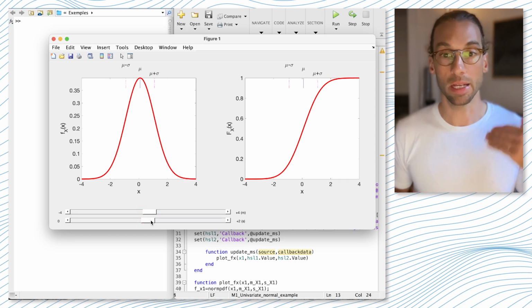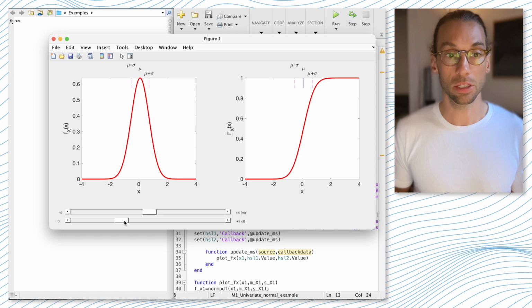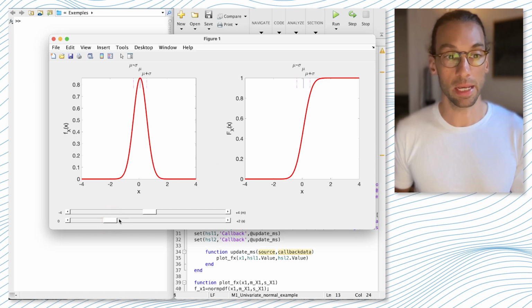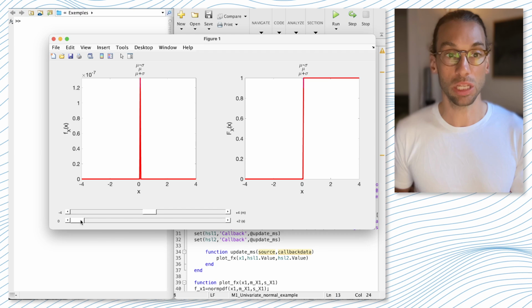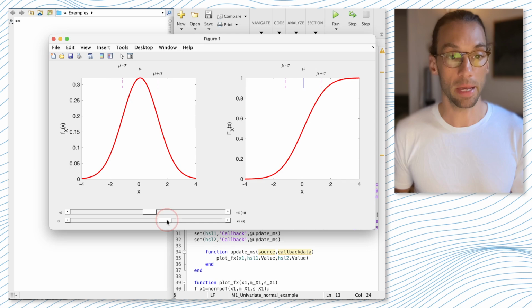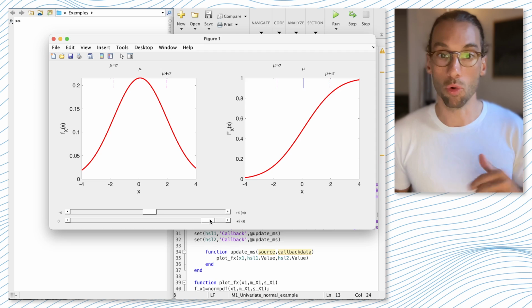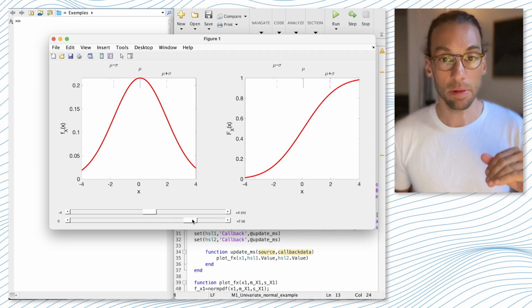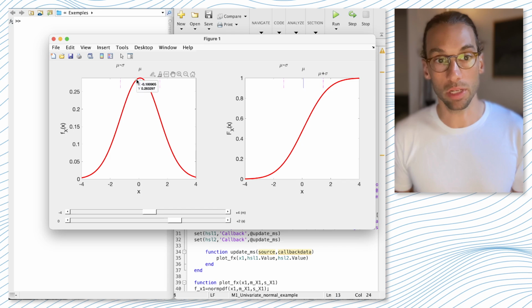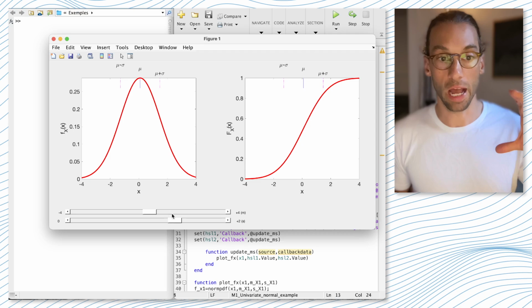Then if I play with my second slider, which controls the standard deviation, we get a narrower curve, which makes my CDF look much steeper until it looks almost like a step function. On the opposite, if I make it really bigger, I make my slope more progressive. Keep in mind that the PDF always seems to be the same height because I'm adjusting the vertical axis automatically.